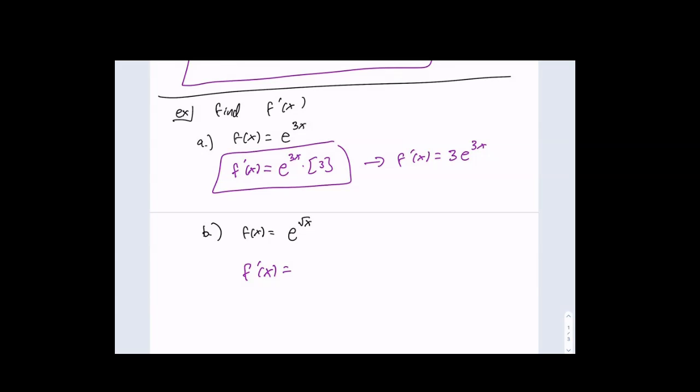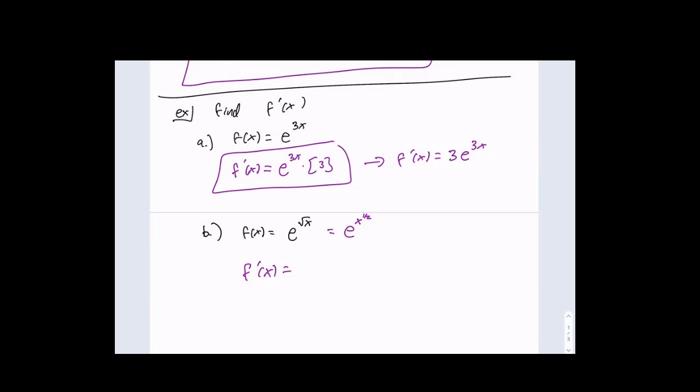Do you make the radical? Yes, so I want to clean it up. I want to make it calculus friendly. I want to make the radical rational. So e to the x to the 1/2. Good, so I rewrite the function first.